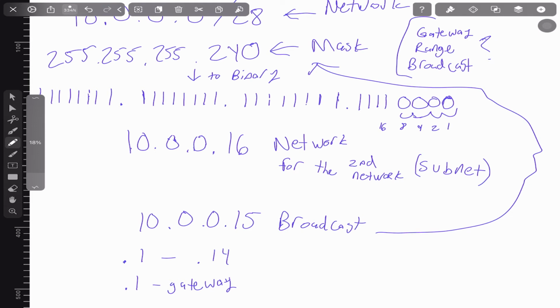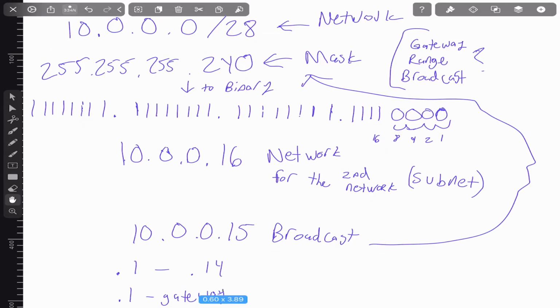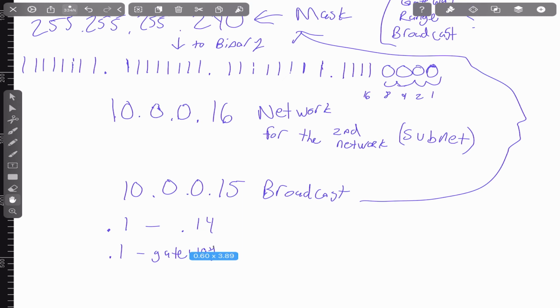And that's everything. That's our 5 things. So for this first network, 10.0.0/28, we have the broadcast and the gateway now.